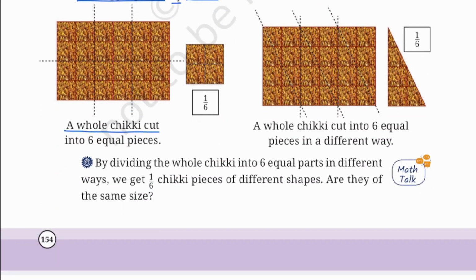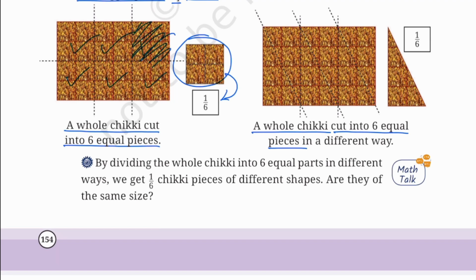A whole chicky cut into 6 equal pieces, such that this piece is called 1 upon 6. You can see 6 such pieces. 1, 2, 3, 4, 5, 6. A whole chicky cut into 6 equal pieces in a different way.